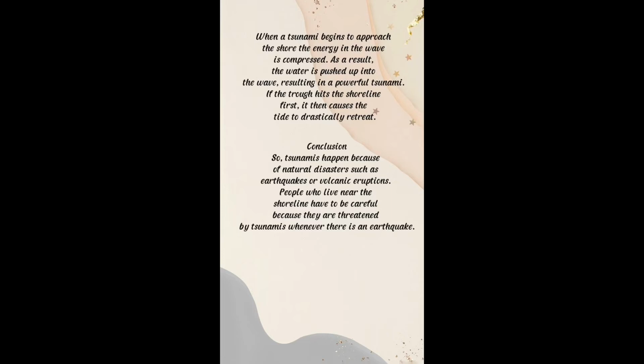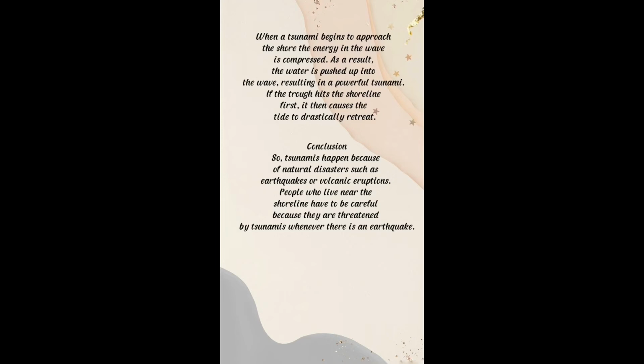As a result, the water is pushed up into the wave, resulting in a powerful tsunami. If the trough hits the shoreline first, it then causes the tide to drastically retreat. So, tsunamis happen because of natural disasters such as earthquakes or volcanic eruption.